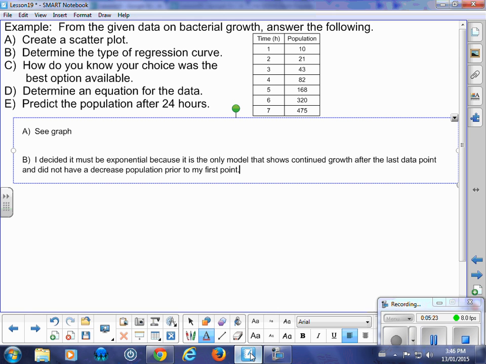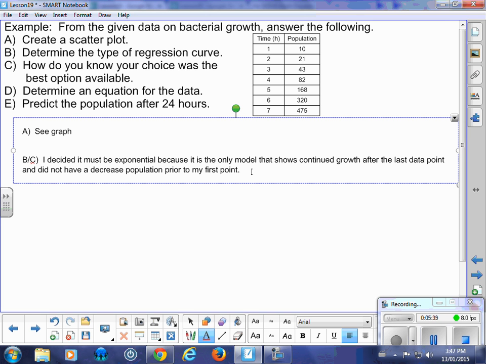Okay, so very, very important that you can go through and tell me the best model and the one that makes the most sense. How did you know your choice? So I'm going to put B and C together here because I kind of answered them in one shot there.